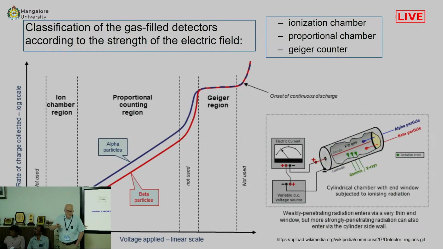These so-called gas-filled detectors are classified into different types of detectors. There are ion chambers, proportional counting chambers, and Geiger chambers or detectors or counters. It depends on the strength of the electric field. In this area we can in fact identify the energy of the radiation.